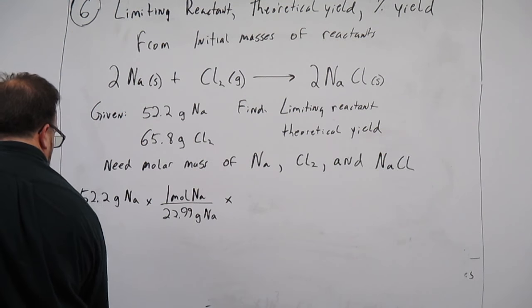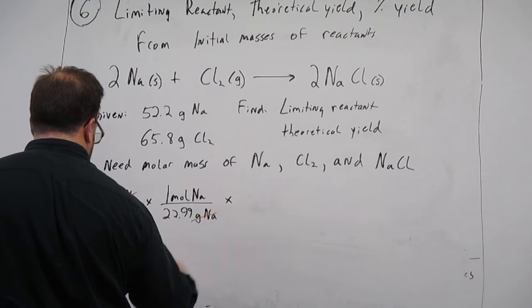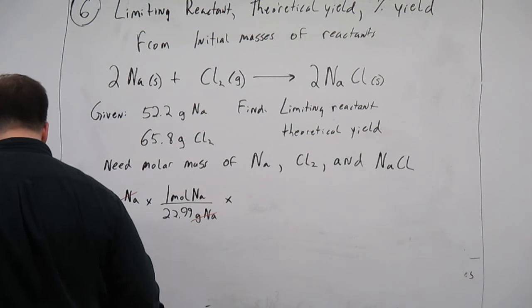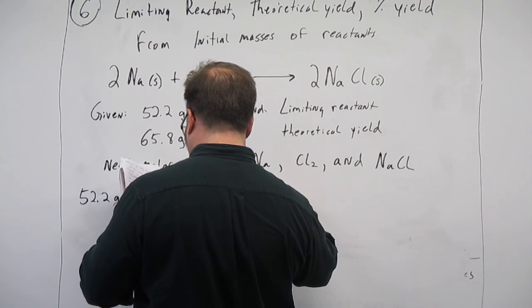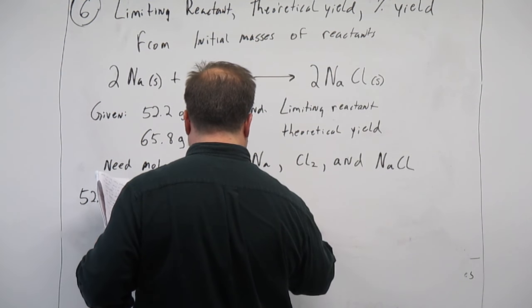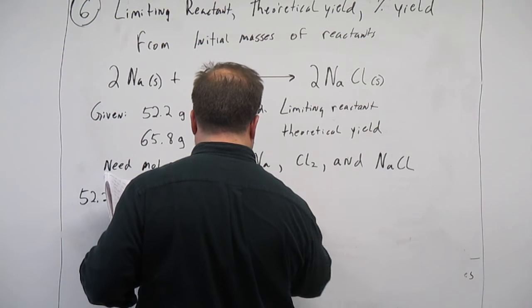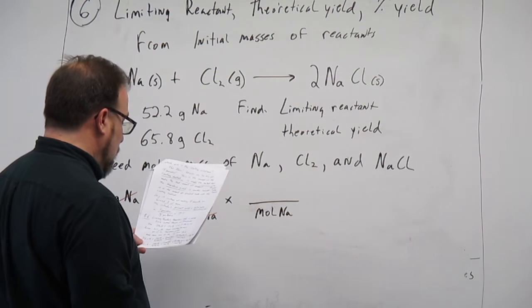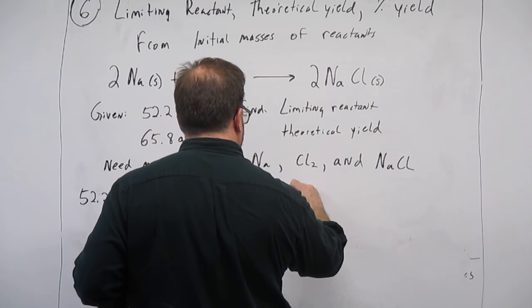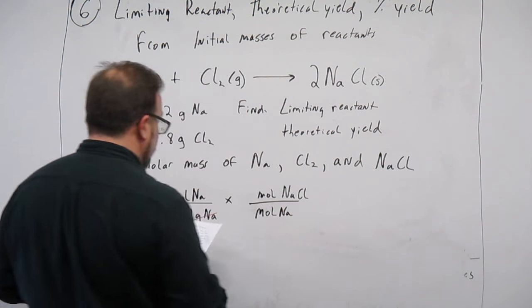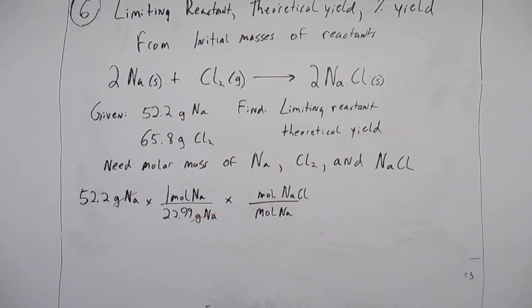Now the grams of sodium are going to cancel just like we did last time, and I'm left with the moles of sodium. So now I'm going to get a relationship that involves moles of sodium in the denominator, and then the moles of sodium chloride, NaCl, in the numerator. Where am I going to get that relationship?